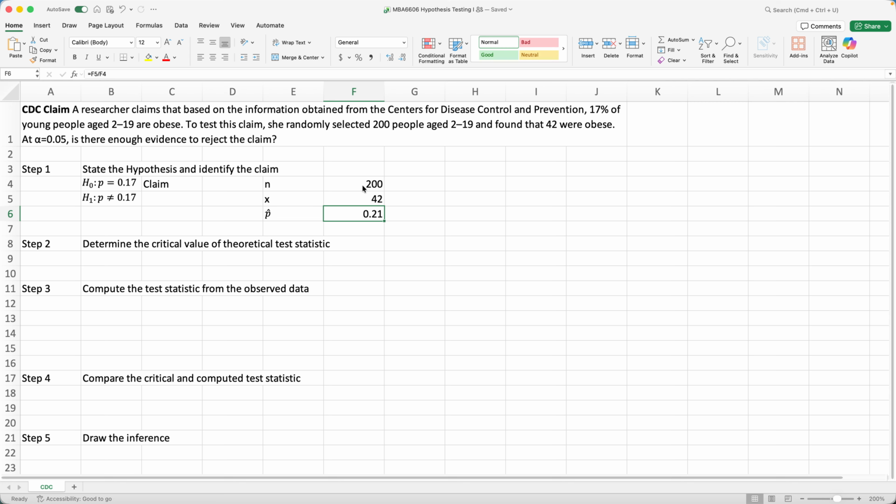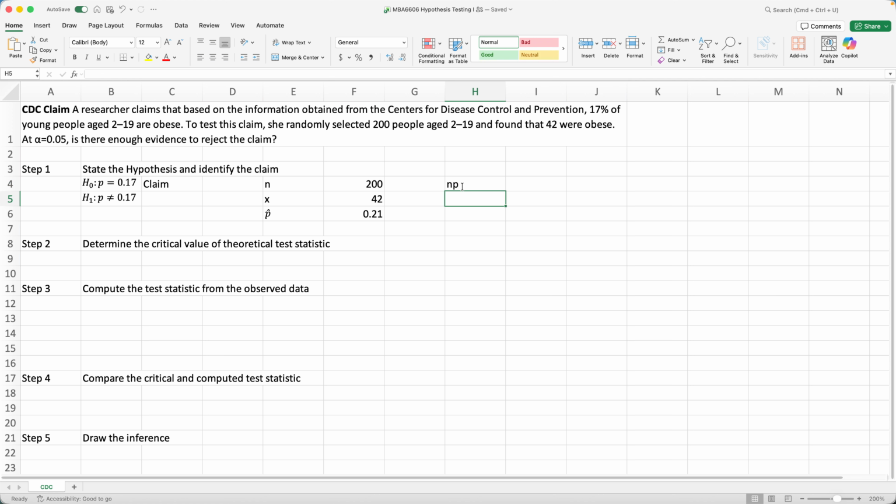We'll check for the precondition. We want the sample to be random and each one of them independently drawn, so that's mentioned here. We need to check the NP and NQ conditions.